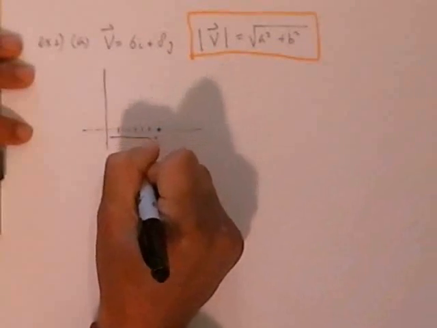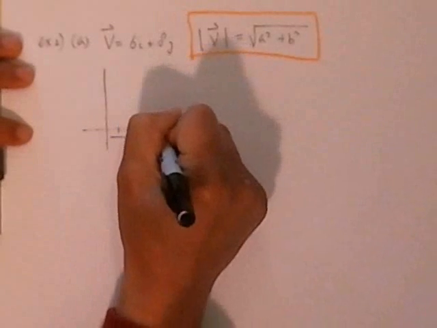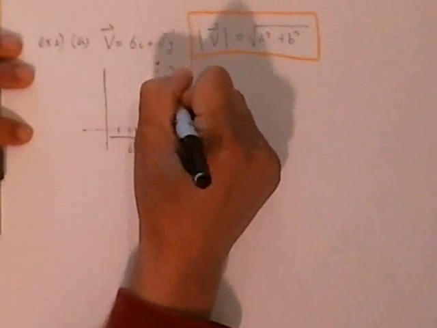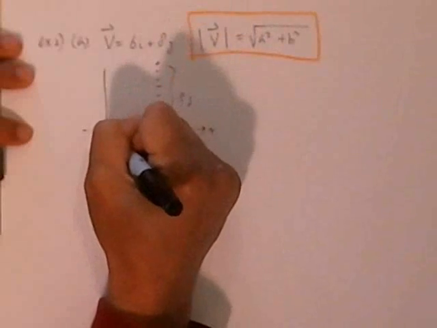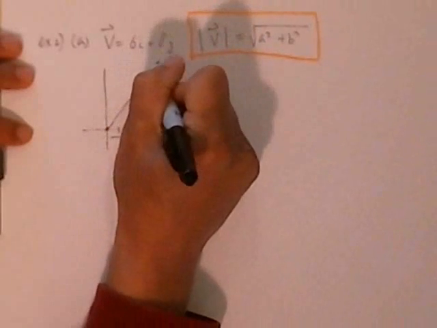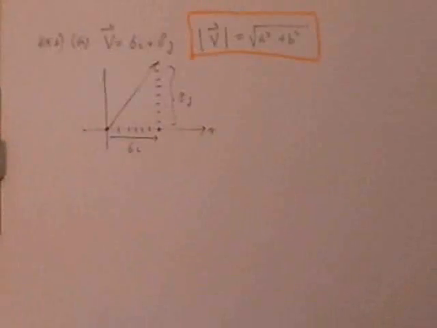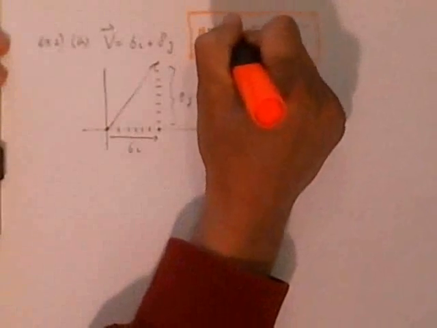That's your 6 in the i direction or the x direction. And then 1, 2, 3, 4, 5, 6, 7, 8. And that's going to be in your y direction, 8j. We start off at the origin, which is 0, 0. And that's your vector v. Notice, why did they use the absolute value symbol right over here?